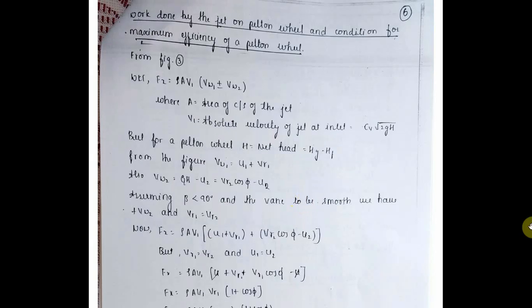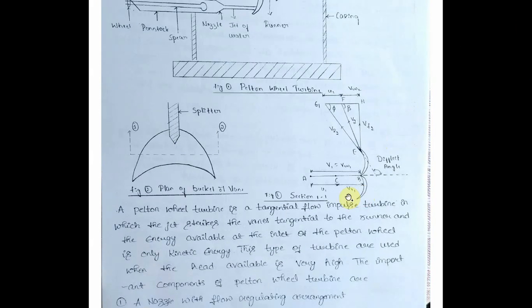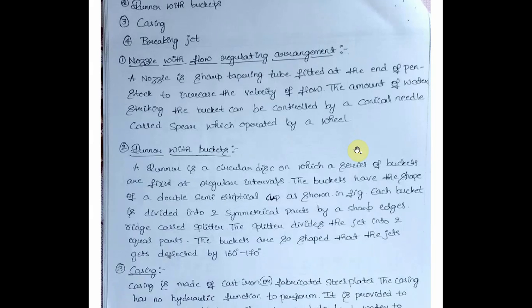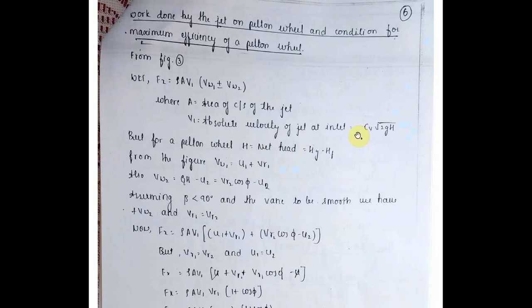From the above figure, you can see this figure, which consists of two buckets at different angles, with V1, Vw1, Vr2, phi, U1, beta, V2. So next is the explanation about work done by the jet on the Pelton wheel and condition for maximum efficiency of a Pelton wheel.